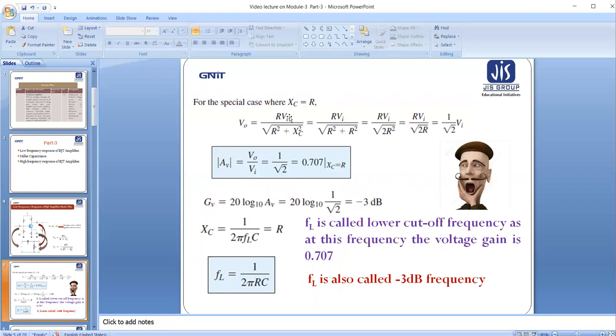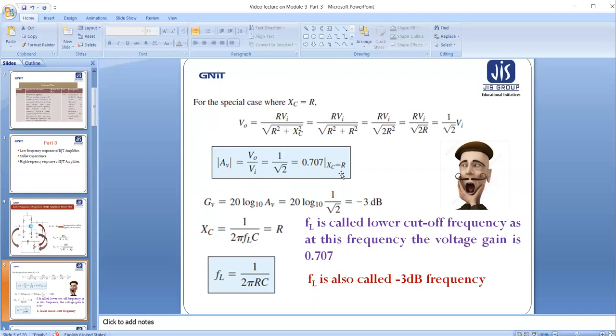For the special case, when XC equals R, suppose we have considered that R equals XC, then what will happen? V naught equals R Vi over root of R square plus XC square, which equals R Vi over root of R square plus R square. So ultimately it will be reduced to 1 by root 2 Vi. So V naught by Vi means the voltage gain. So the mod of AV equals 1 by root 2, that is 0.707.